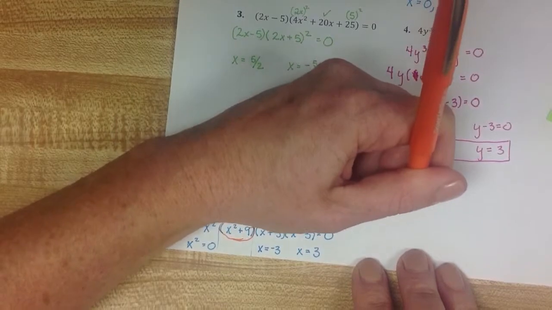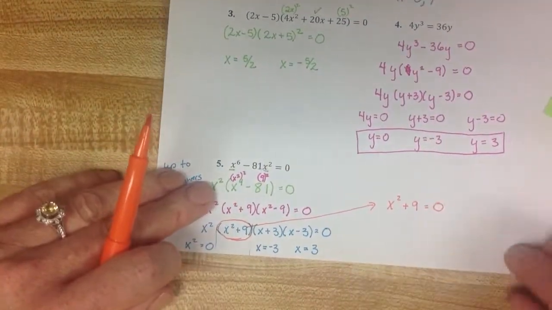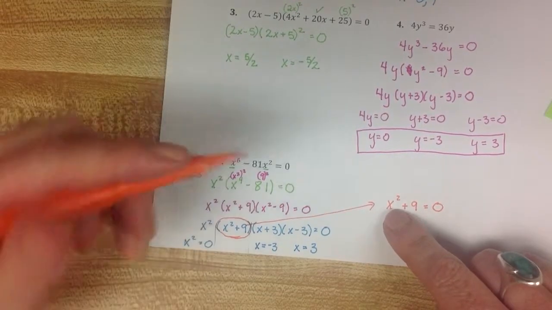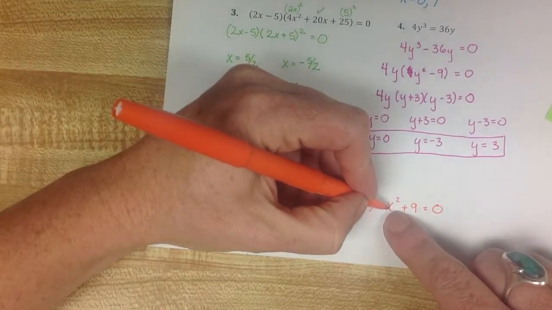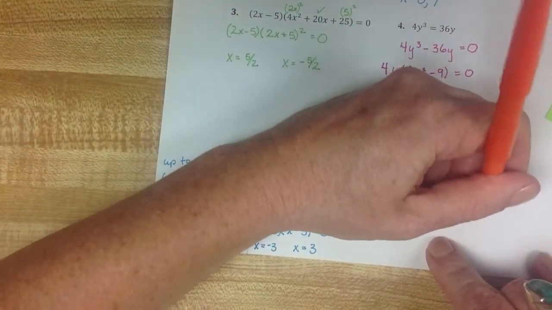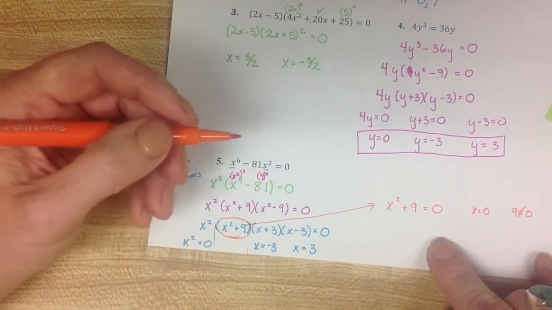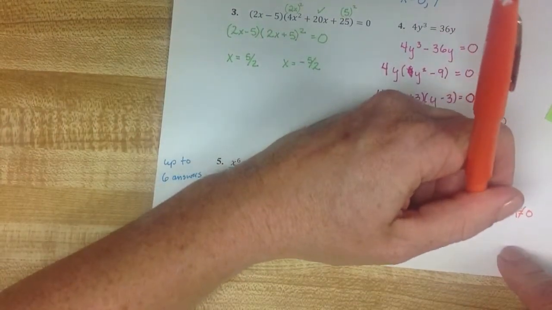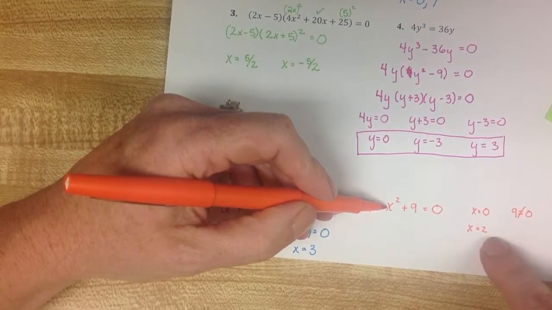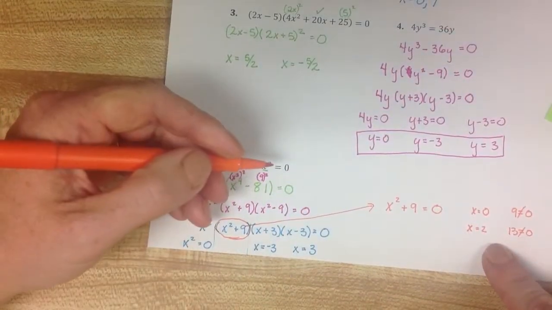X squared plus 9 equals 0. And I want you to think for a minute about what happens when you square a number. If we put in 0 in place of our x, we're going to get 9 equals 0, which is not true. If we put in any positive number for x, let's put in a positive 2, when we square it, we're going to get 13 equals 0, which is not true.